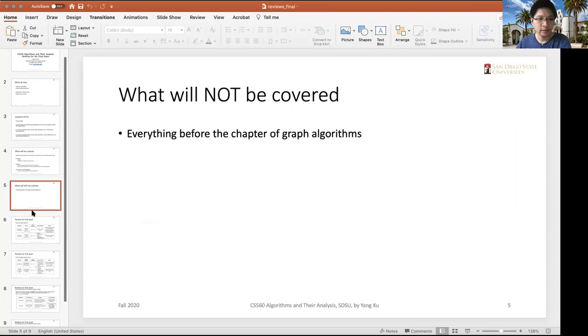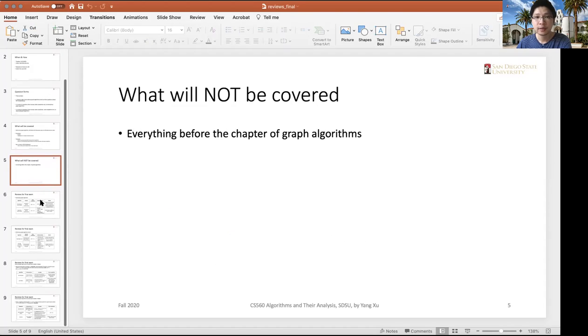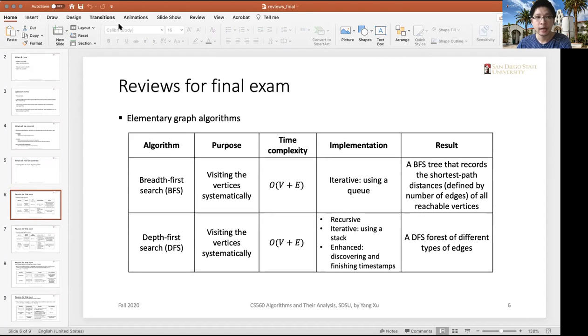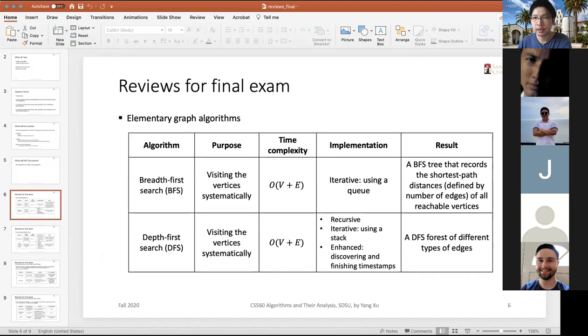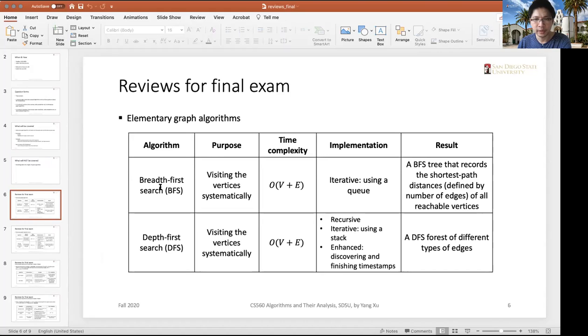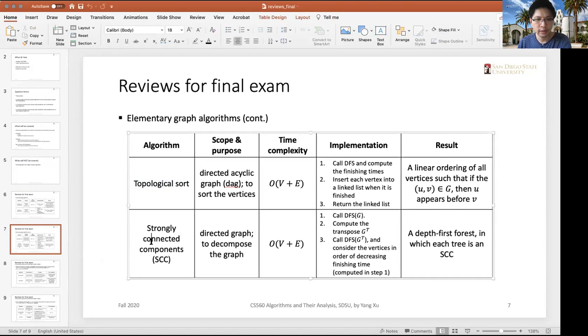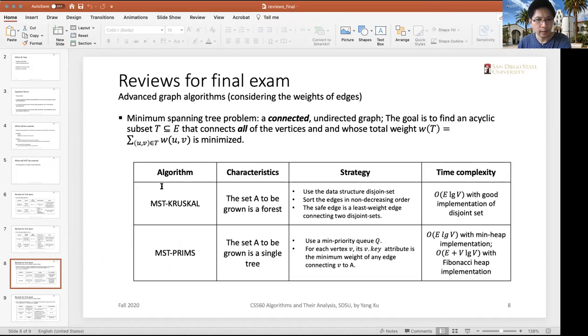All right, and this slide, which I am going to upload later to Canvas, summarizes all the graph algorithms in our last chapter, including the BFS, DFS, topological sorts, strongly connected components, and the minimal spanning tree problems, okay, and the conditions of these two algorithms, and the time complexity.